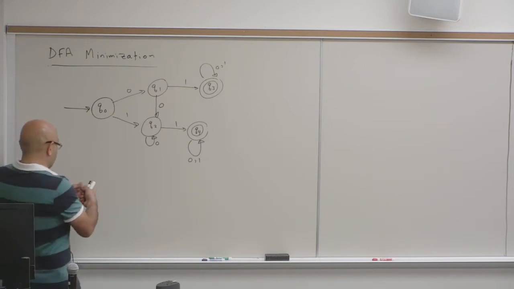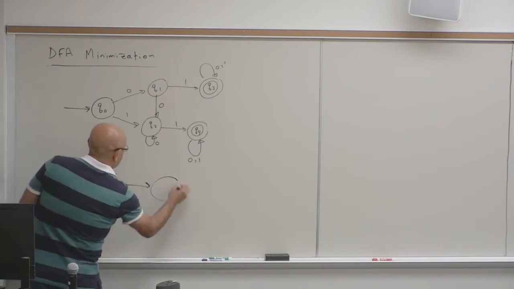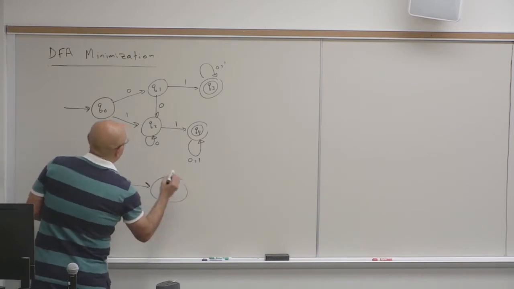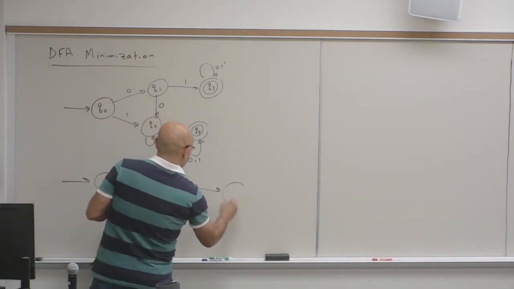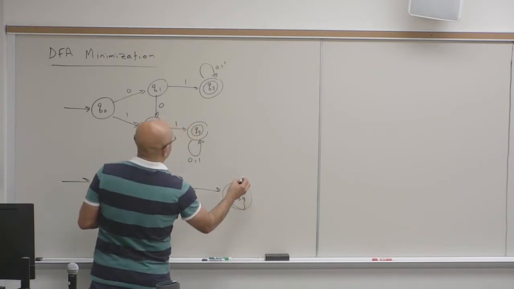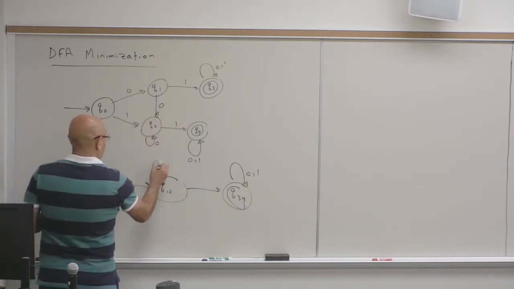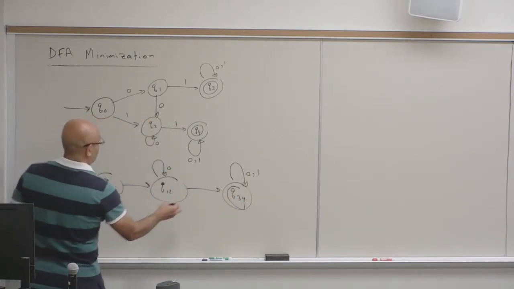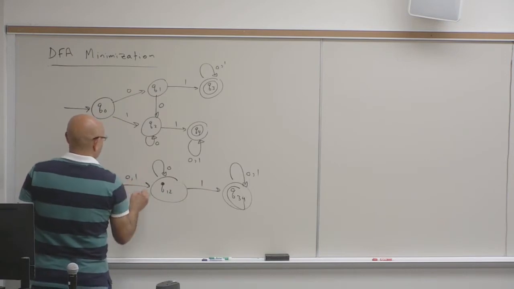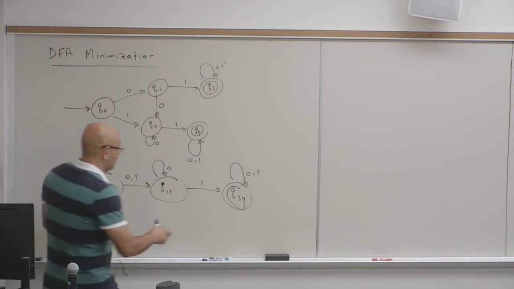So if I do this: Q0, then Q1,2, then Q3,4, and this is an accept state, with 0, 1, and here I loop on a 0 and then a 1, and then this is a 0 or a 1. This is an equivalent DFA that uses 3 states instead of 5.